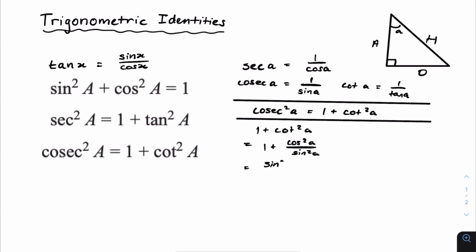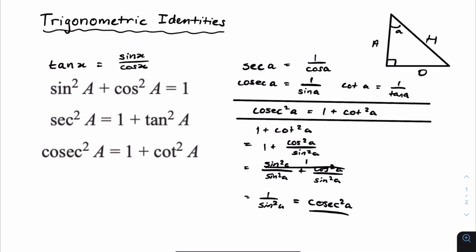So we have sine squared A over sine squared A, which is equal to 1, of course, plus cos squared A over sine squared A. And we know sine squared A plus cos squared A, again, is 1. So we can knock that off and get 1 over sine squared A, which we know is equal to cosecant squared A. So that's how we prove this last identity over here.